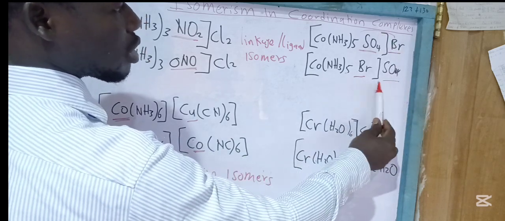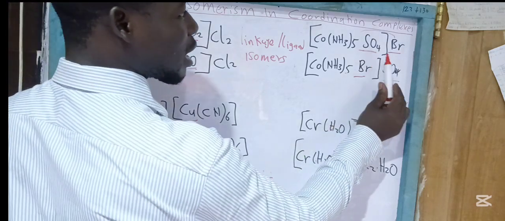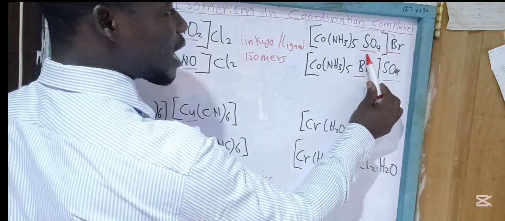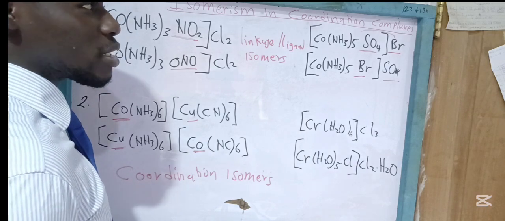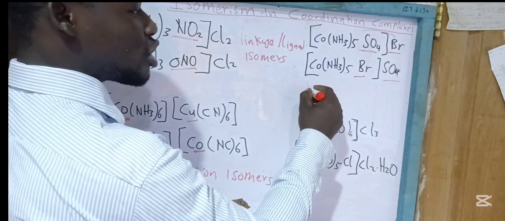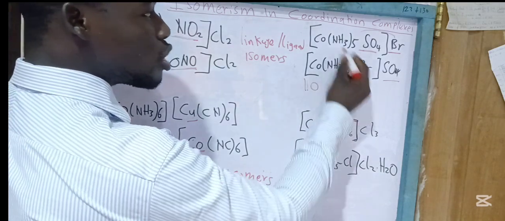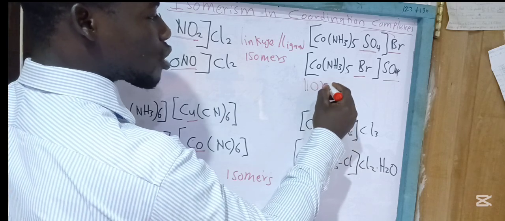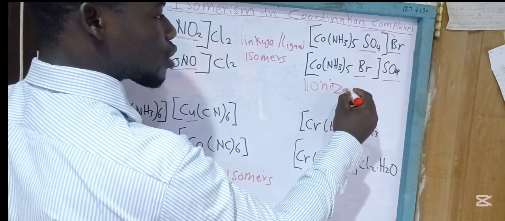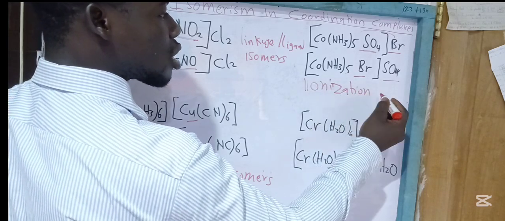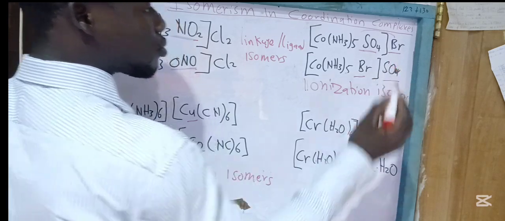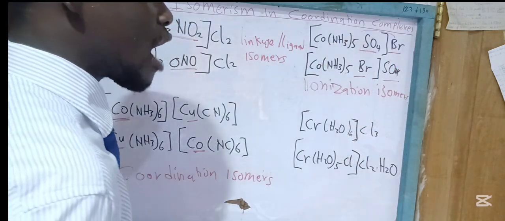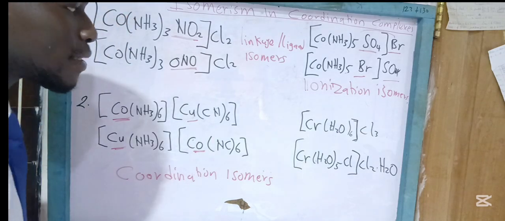So a counter ion and a ligand exchanging their positions gives us ionization isomerism. So these two complexes are ionization isomers.